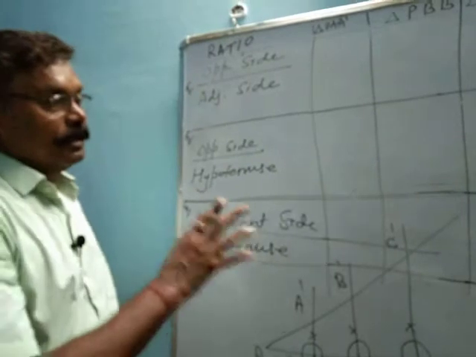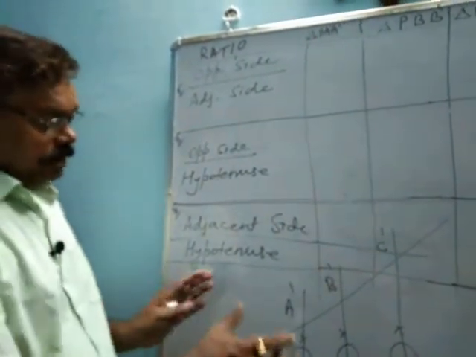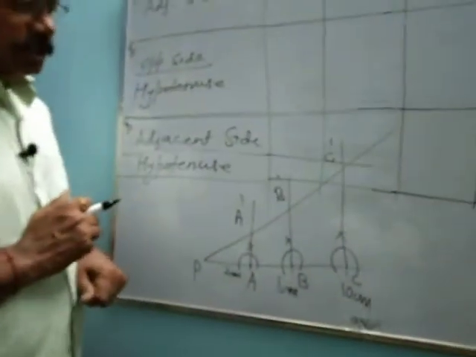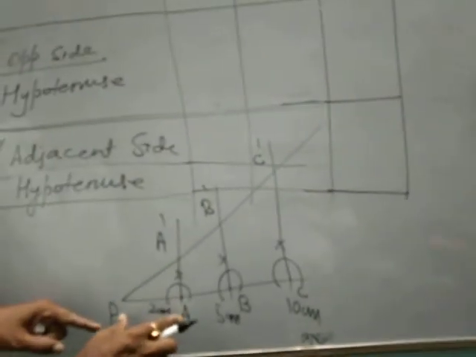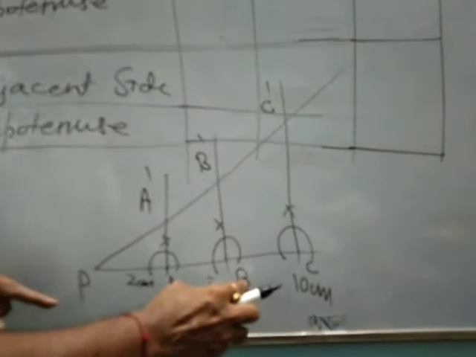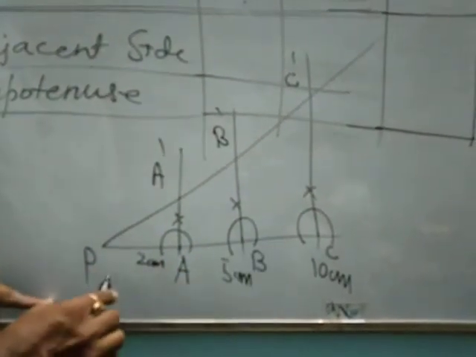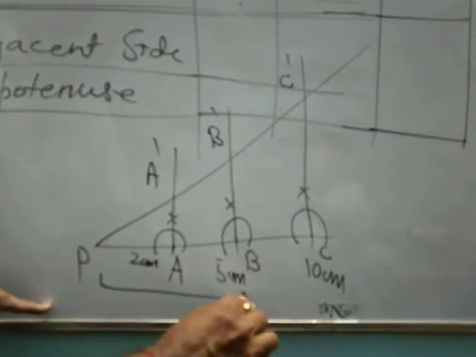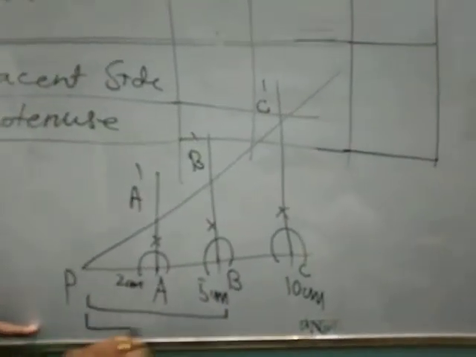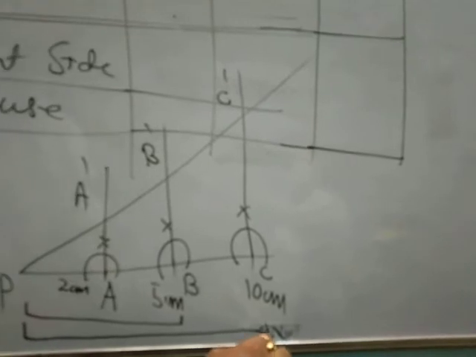Yes. Now see what you have to do. You have seen this construction part. We have taken A at a distance of 2 cm. I took B at a distance of 5 cm from P to B. From here to here it is 5 and from here to here it is 10.